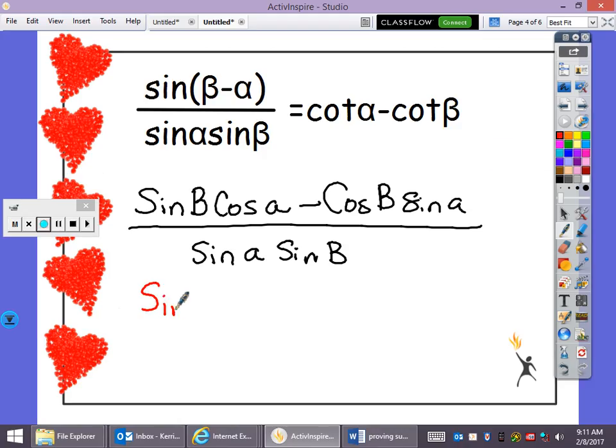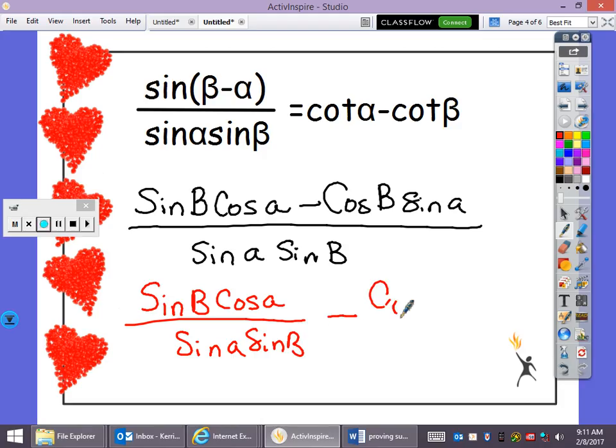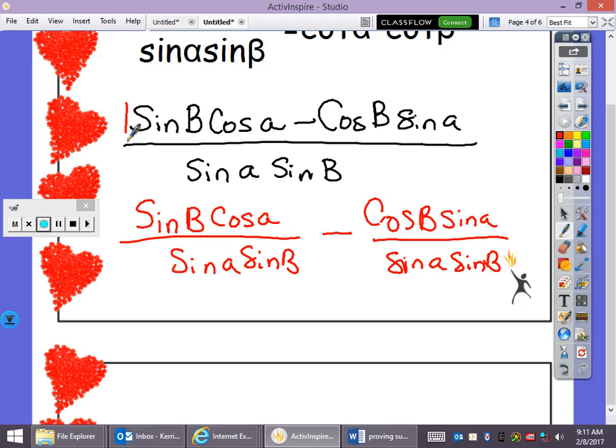So that gives me sine beta cosine alpha over sine alpha sine beta minus cosine beta sine alpha over, keeping the denominator, sine alpha sine beta. Okay, so I took this and put it over the denominator, okay? And then I took this and put it over the same denominator. I turned it into 2 separate fractions, okay?